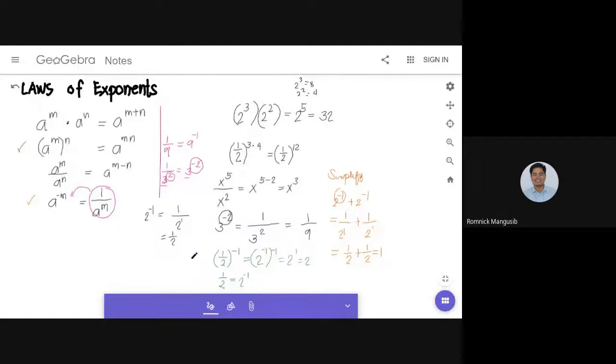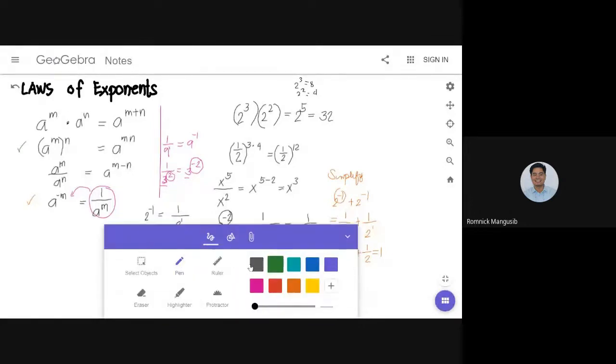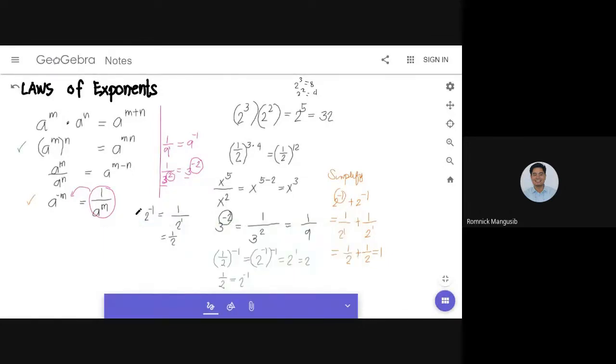Sige, mag-move pa tayo. Meron pa tayong mga rules. Anyway, mamaya dadaanan naman natin lahat ng rules na yan as we move. A raised to m over n, the fractional exponent rule, is equal to a radical number. The denominator of the exponent m over n becomes the index of the radical, and the base a becomes part of the radicand.